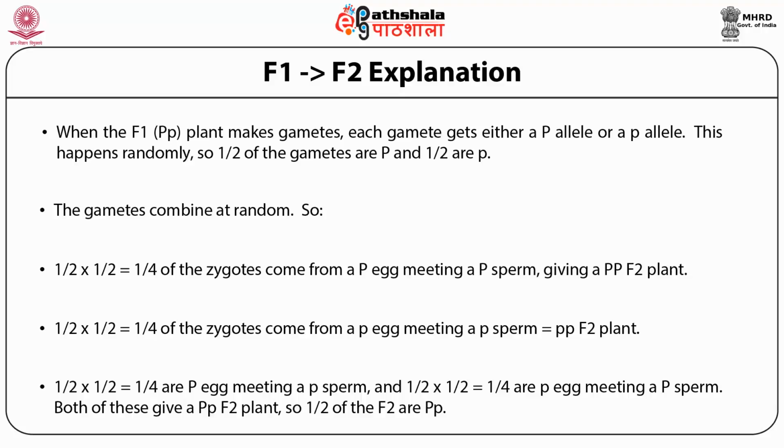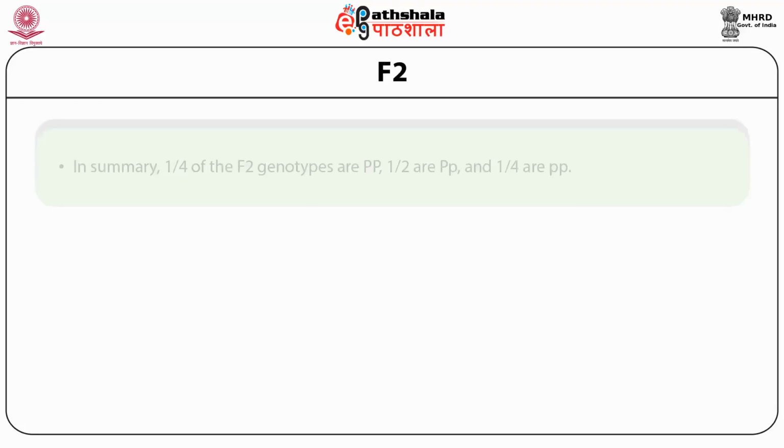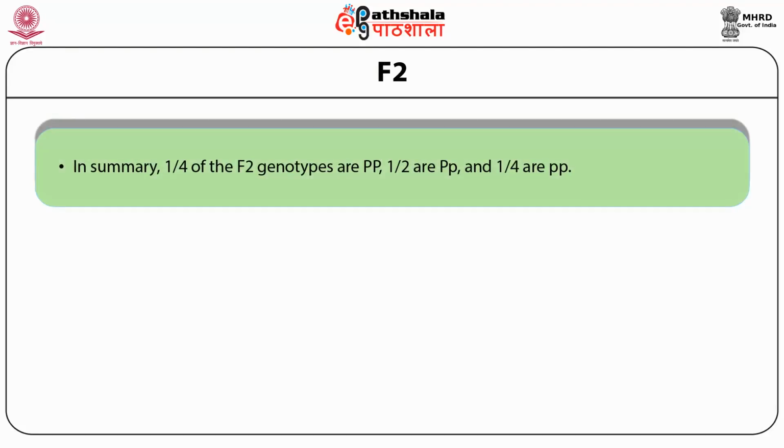Both of these give a capital P small p F2 plant. So 1/2 of the F2 are capital P small p. In summary, 1/4 of the F2 generation genotypes are capital P, 1/2 are capital P small p, and 1/4 are small p.